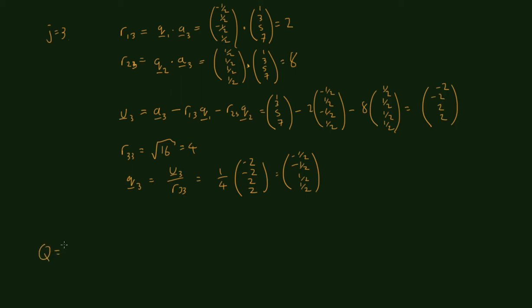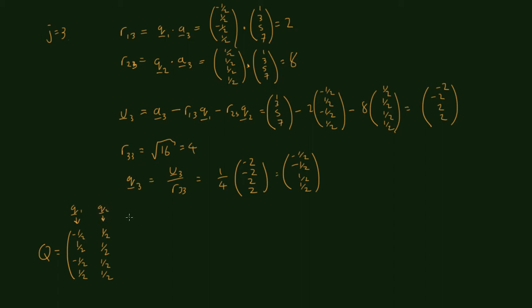So Q1 was minus a half, minus a half and a half. So that was Q1. Q2 was all positive halves. So that was Q2.